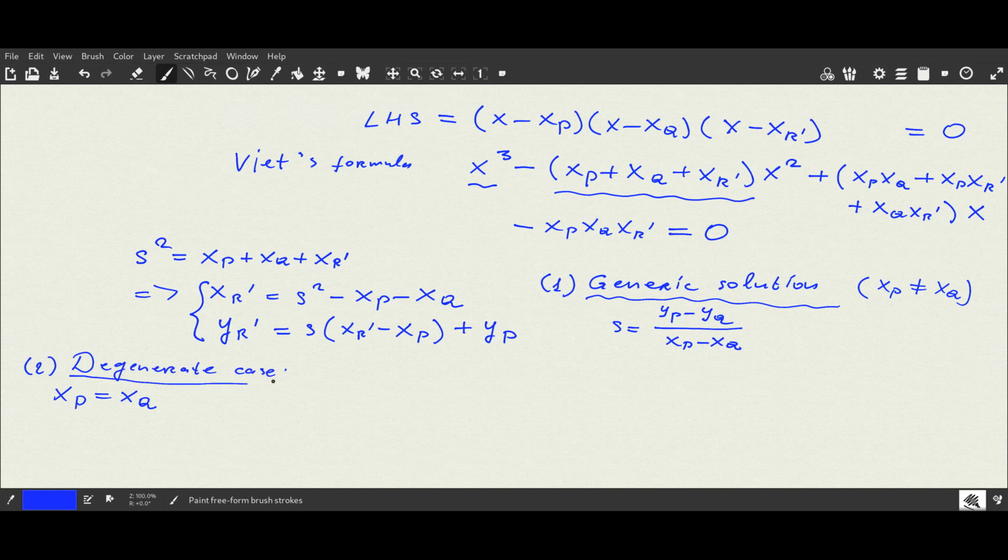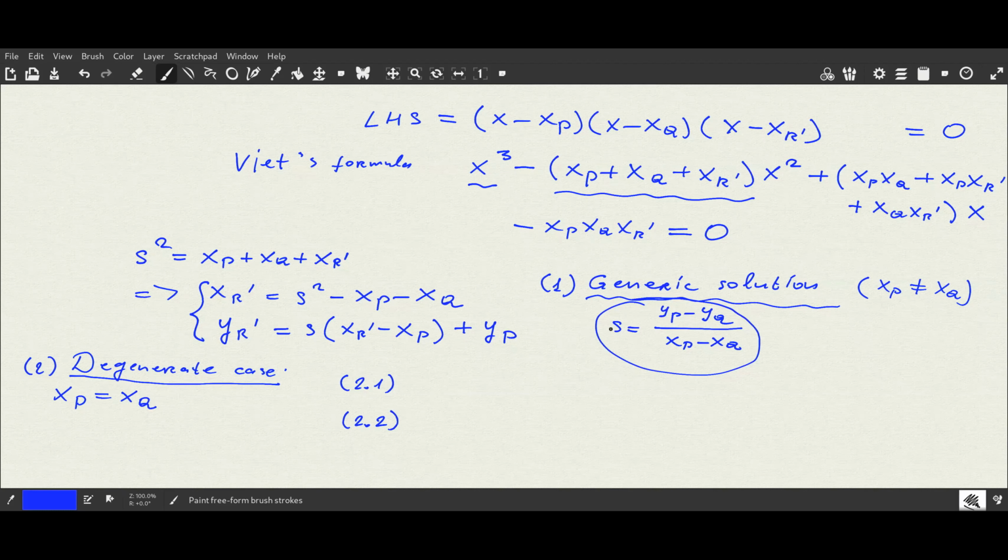But there are actually two degenerate cases. Can you tell me, please, why two? What are the two degenerate cases? 2.1 and 2.2. Let's look at this expression. The denominator is 0, so there is really a singularity.